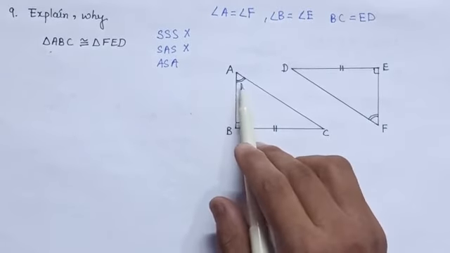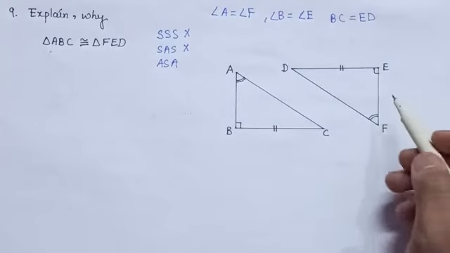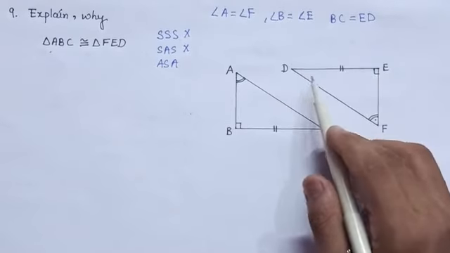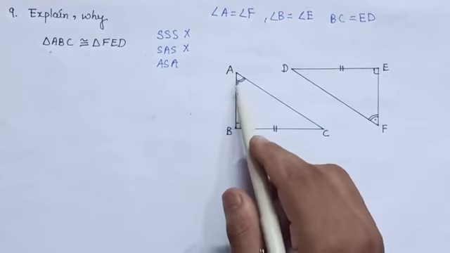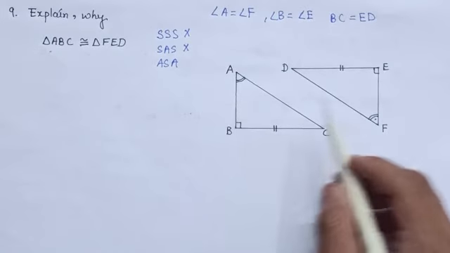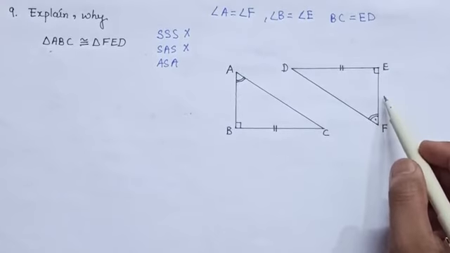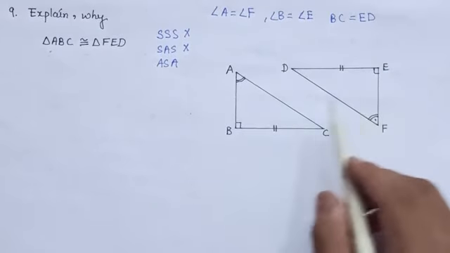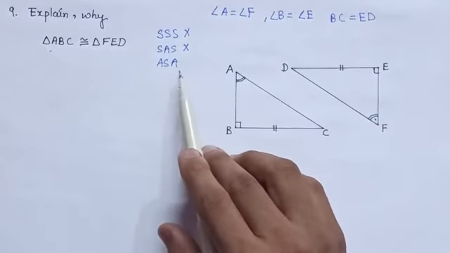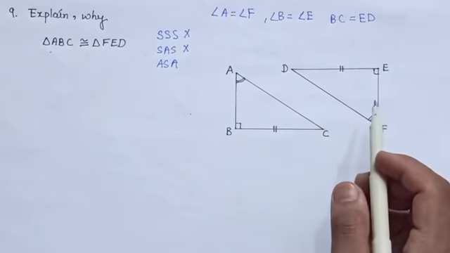If you consider the angles, angle A and angle B, which are equal to angle F and angle E in the triangle FED, then we must have information about the side included between angle A and angle B, that is AB, and the side included between angle E and angle F, that is FE. And these two sides must be equal in order to show these two triangles congruent by ASA criteria. But here in these two triangles, we have no such information.